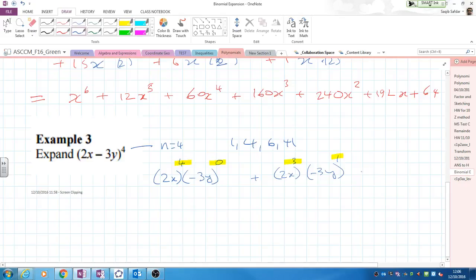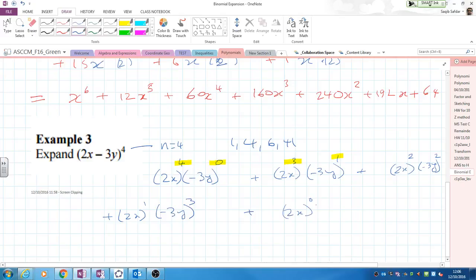And then let's also do another one. So you've got 2x squared, minus 3y squared, plus 2x to the power of 1, minus 3y cubed, plus the 2x to the power of 0.